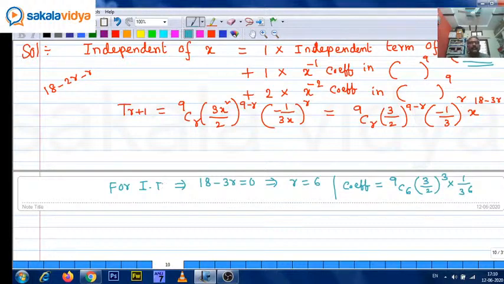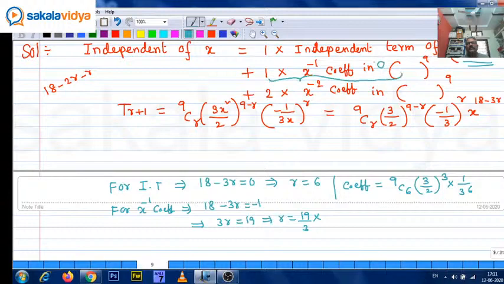And next, for the x to the power of minus 1 coefficient, 18 − 3r equals −1. So now 3r equals 19, r equals 19/3. It is not an integer, so the x to the power of minus 1 coefficient does not exist. This will be 0. Leave it now. Next, what do we need to find out now?